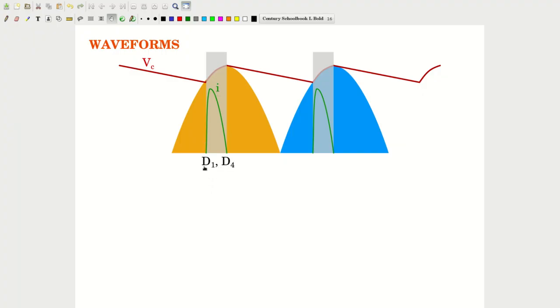Now during this time D1 and D4 are conducting, and the other two diodes, D2 and D3, are conducting during the other period.